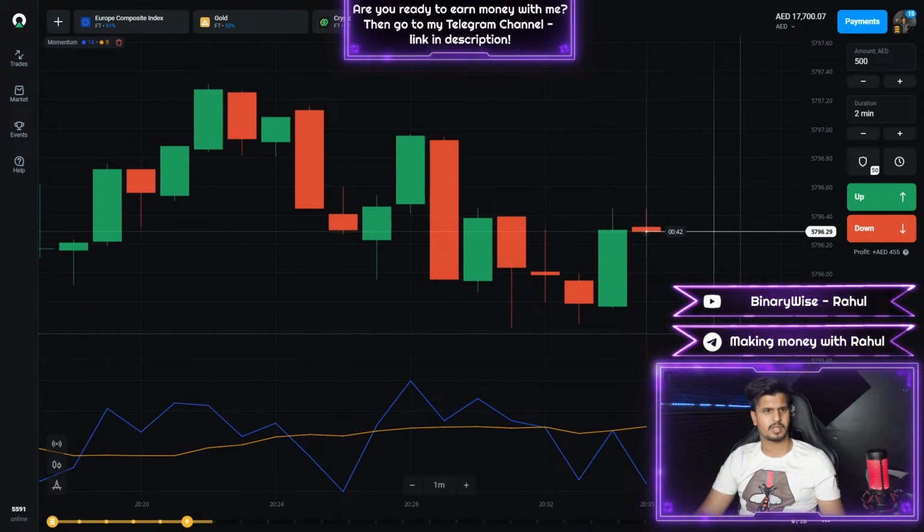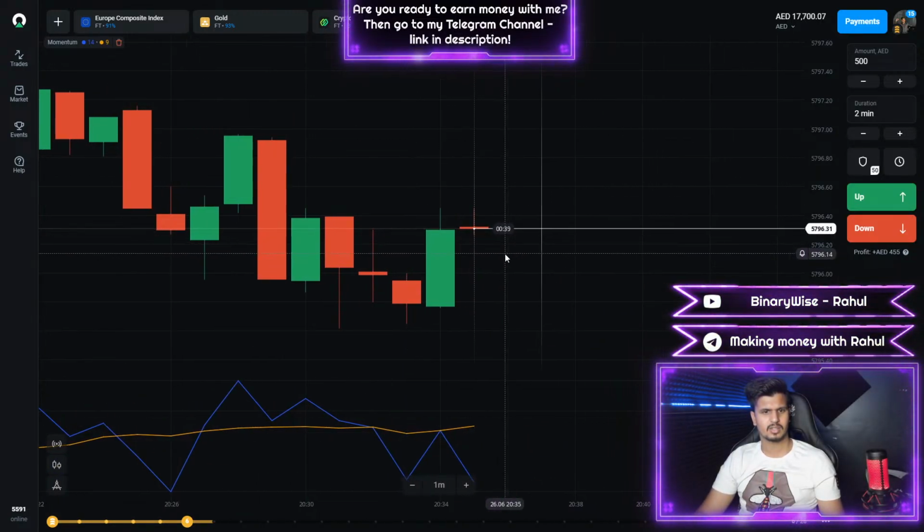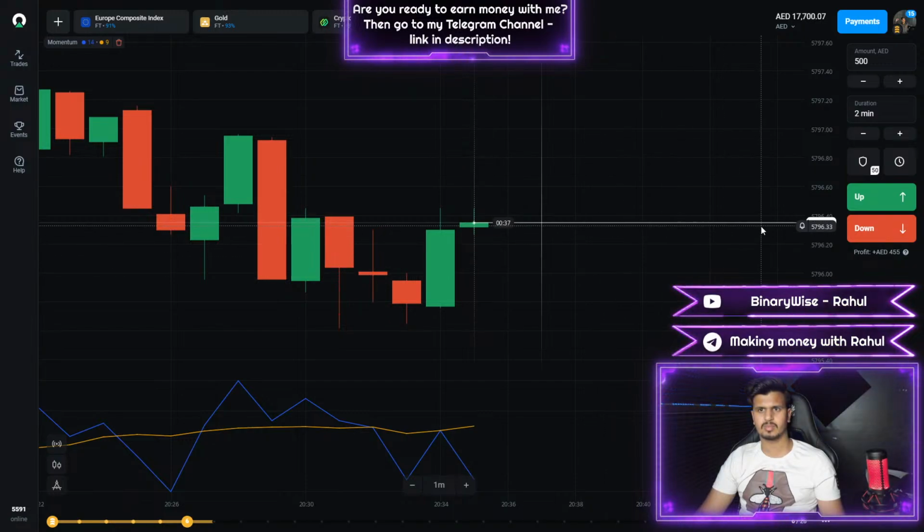So the Asia Composite Index is now turning back to the downside, but in the end moment it will turn back to the upside. So let's make one trade.